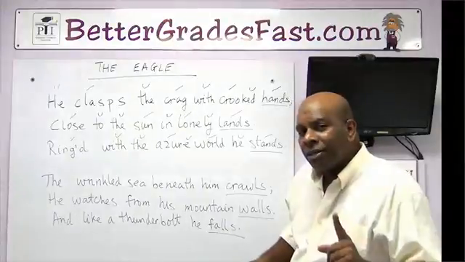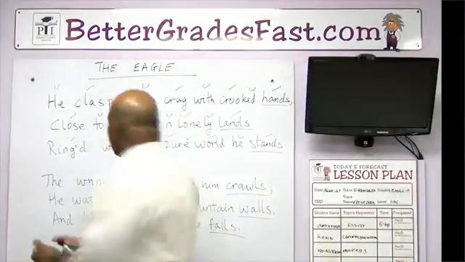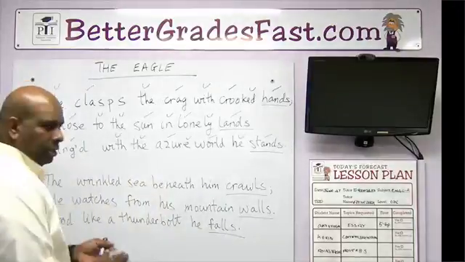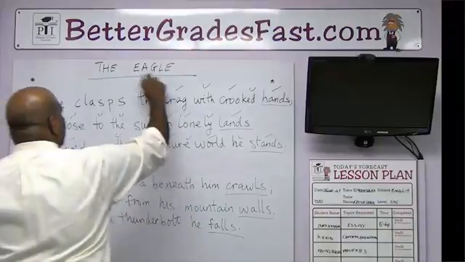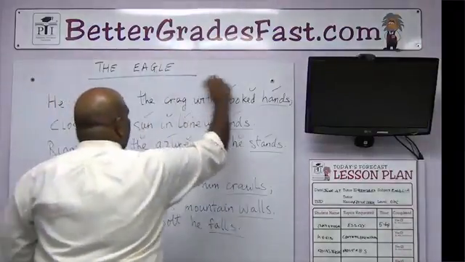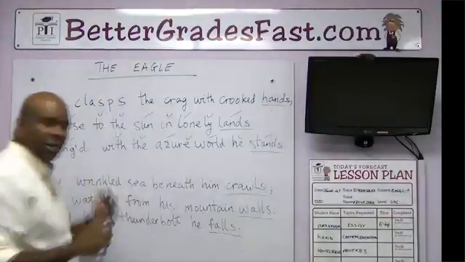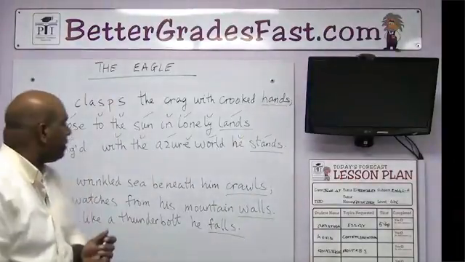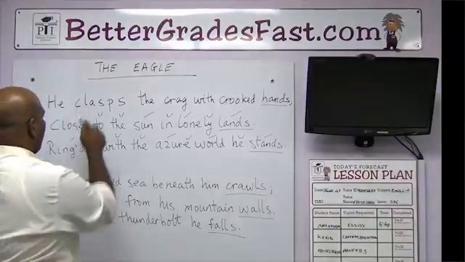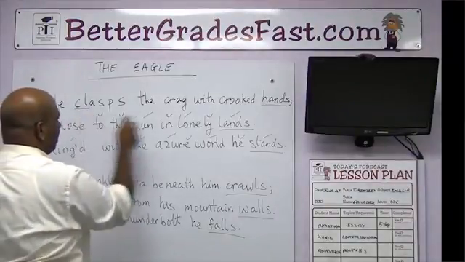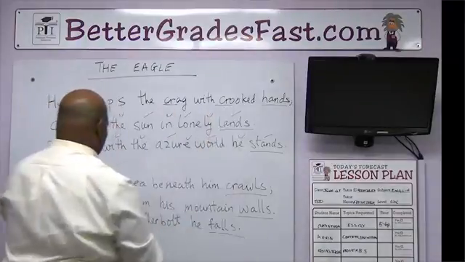Remember alliteration? Alliteration was the repetition of the first sound in words. Let me take my little stress off of here so that you can have a clear idea of what we're going to do now. So alliteration, the repetition of the first sound in words. So we have k, clasp, k, crag, k, crooked.